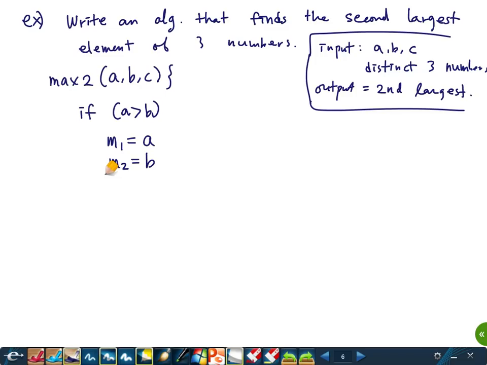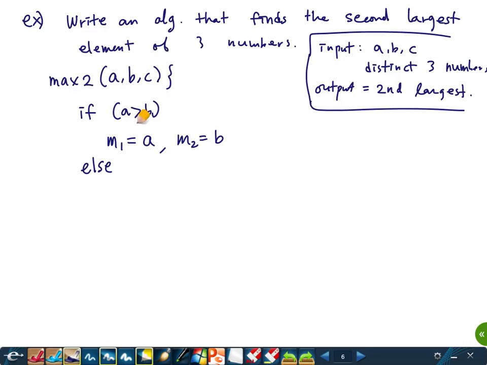Okay, well, it doesn't matter, but just to save space, I'm gonna write over here. M1 equals A, M2 equals B. Else. So this means if else statement: if this is true, do this, otherwise do this.